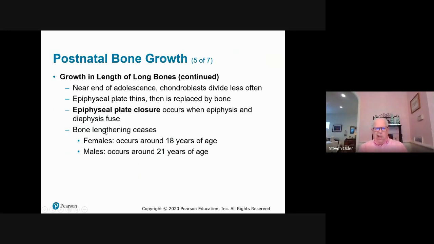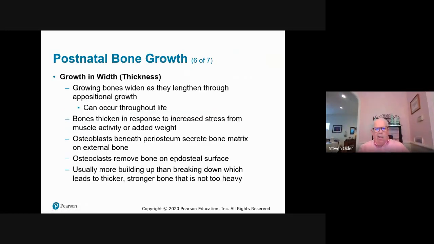Bone lengthening ceases. Females around 18, males around 21. Your bones continue to grow thick. So that is important. You still continue to get thick bones, but you don't continue to get longer bones. That is very, very important.